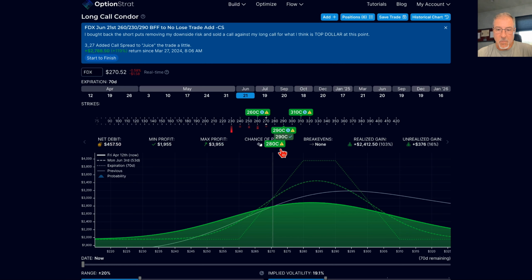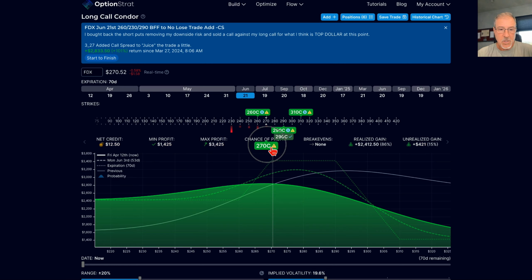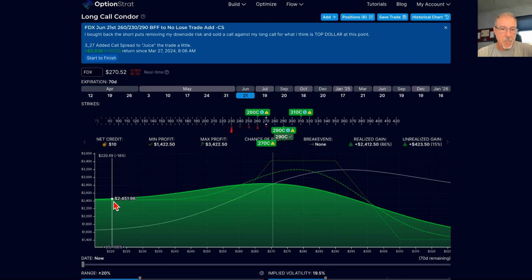Now, I can also move this around a little bit. I said 280. Let's see what 270 looks like even. So 270 is going to make the downside a maximum of $2,400 in risk to the downside. I have increased my upside risk if we get past this 290 mark. But again, my premise is that I'm probably not going to get past that 290 mark.